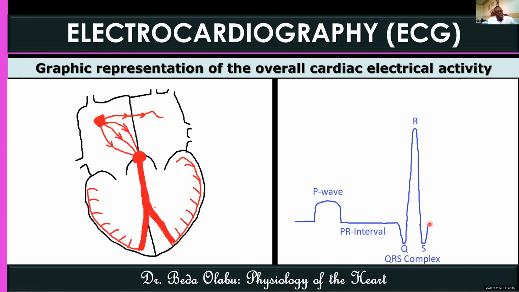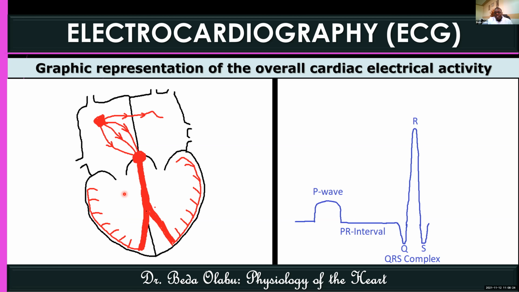So what does QRS complex represent? The QRS complex represents the ventricular phase of depolarization. When impulses begin here, we are now already in the ventricles. So it represents the ventricular phase of depolarization, QRS complex.